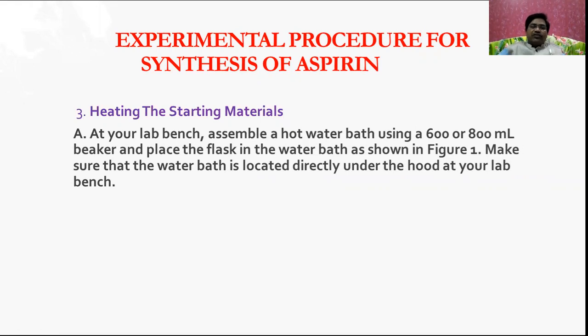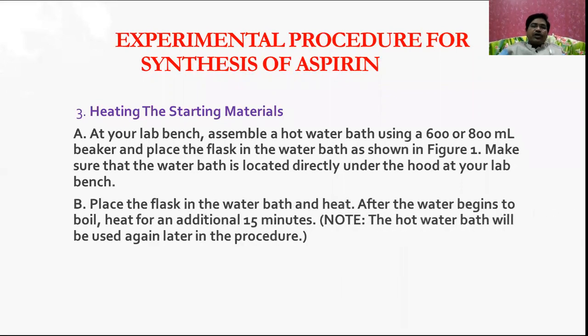Make sure that the water bath is located directly under the hood at your lab bench. Place the flask in the water bath and heat. After the water begins to boil, heat for an additional 15 minutes. Note, the hot water bath will be used again later in the procedure.